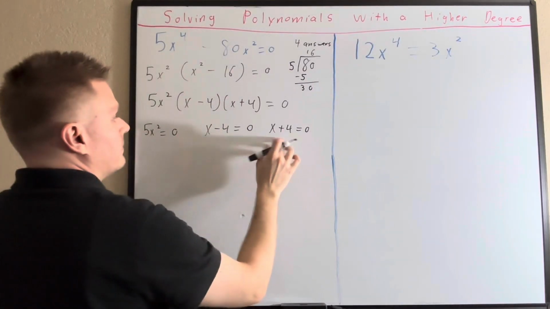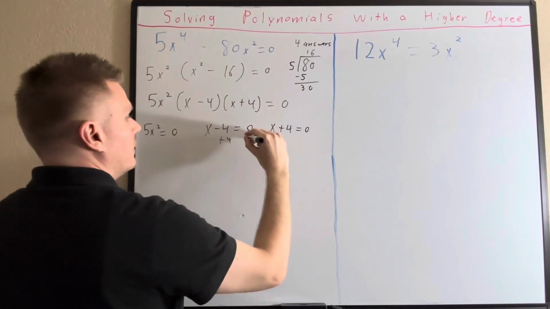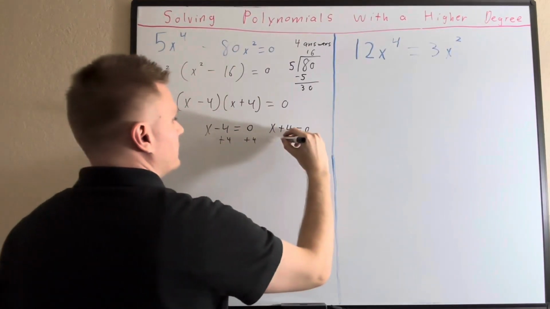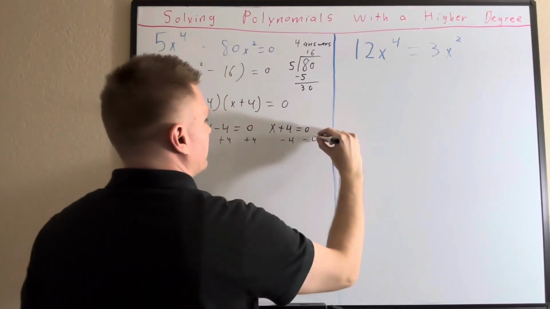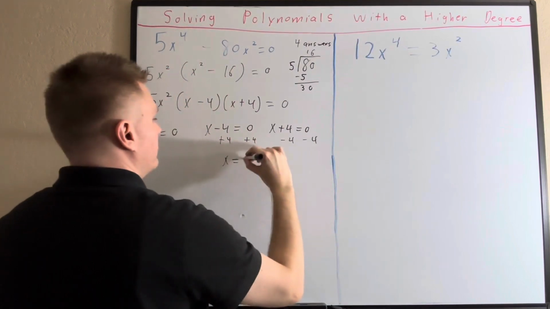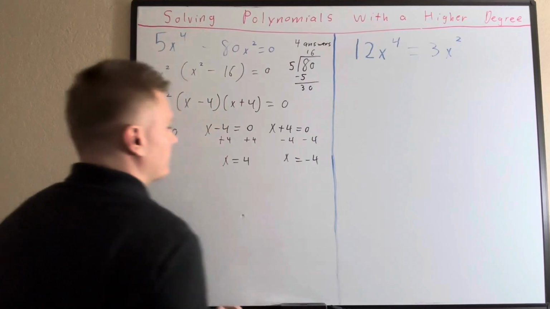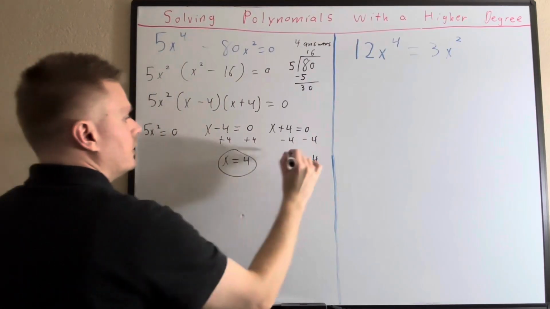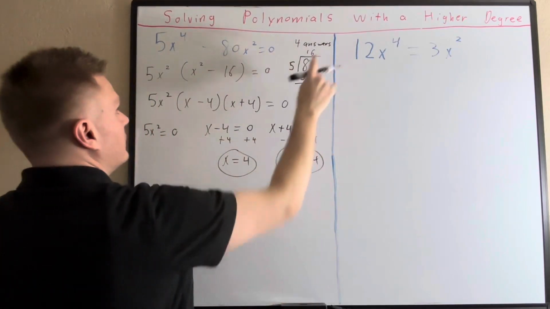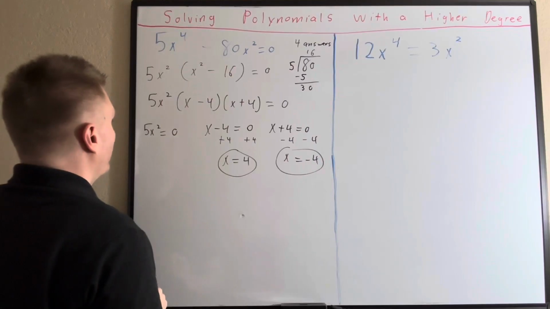See how we're going to end up with at least 3 answers here. So x equals 4 here, and x equals negative 4 here. Okay, that's 2. But we still need 2 more.